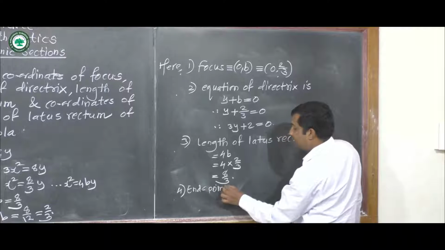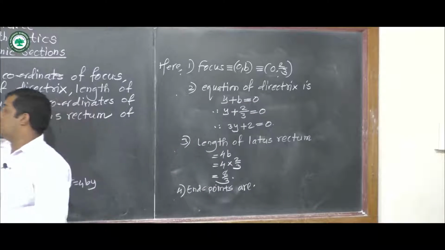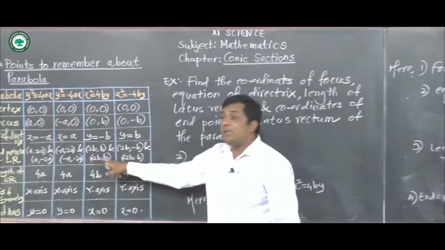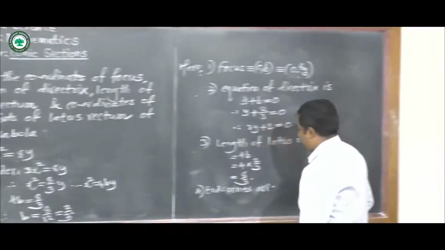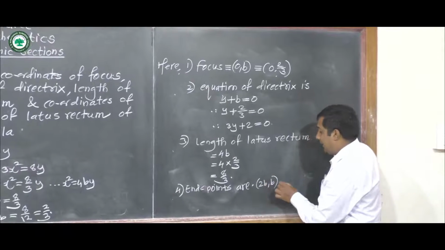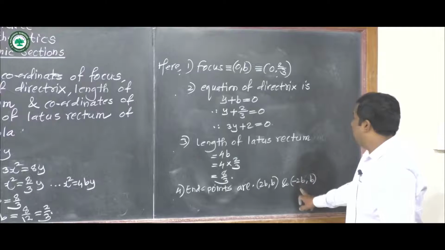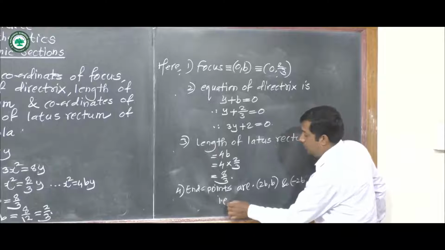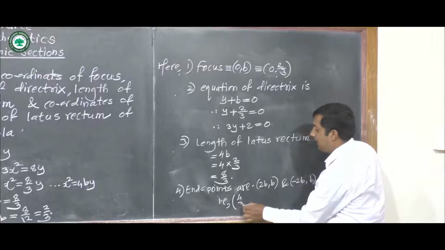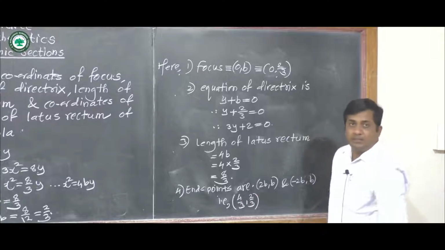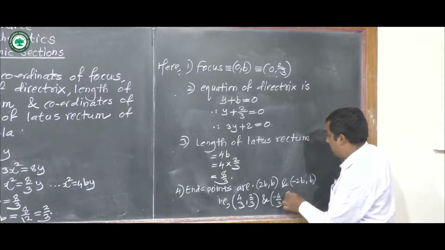Endpoints. We know the endpoints of the latus rectum are 2b and minus 2b. So remember these endpoints. Firstly, here I write 2b and minus 2b. That is, here 2b means 2 into 2 by 3, that is 4 by 3, and here y is 2 by 3 as it is, and for minus 2b it is minus 4 by 3, and b is 2 by 3.